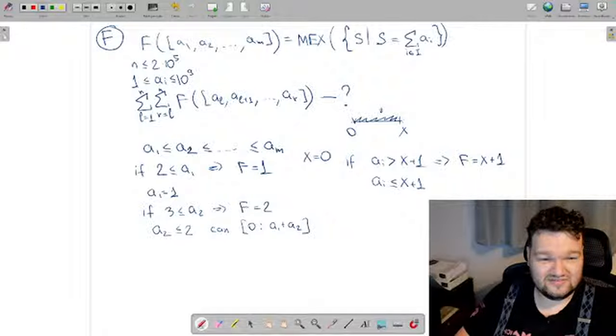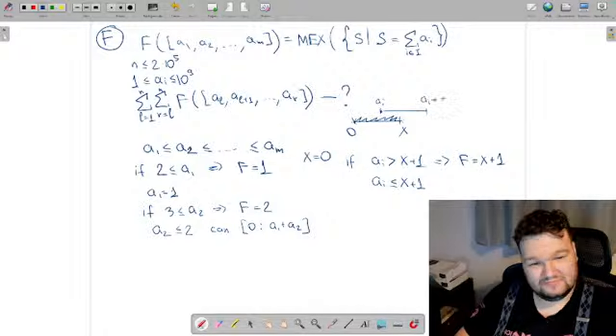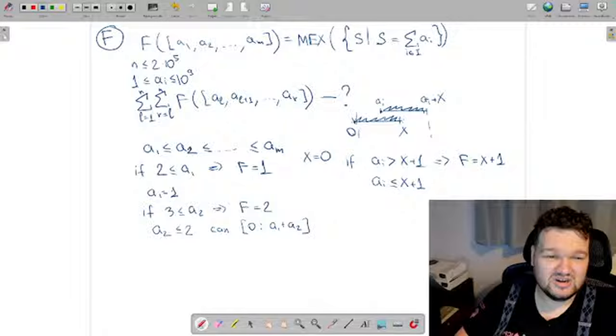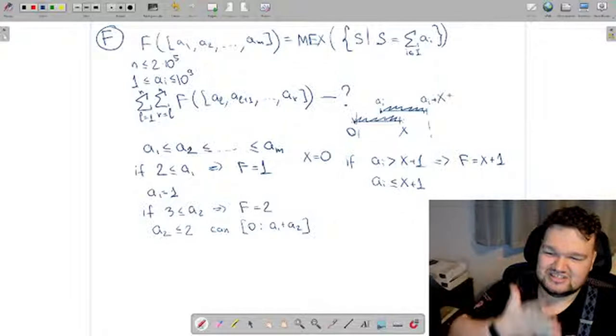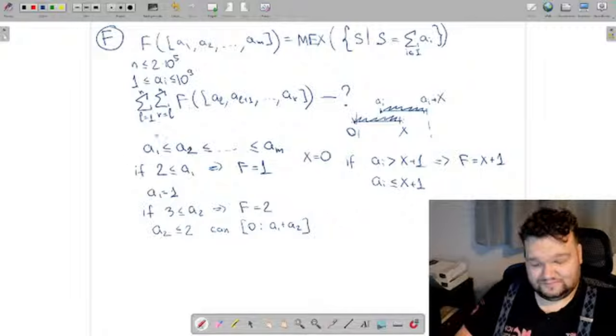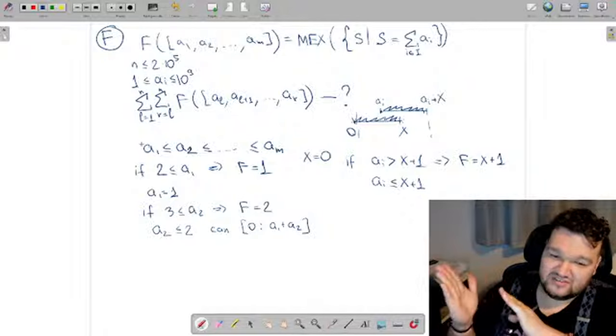With ai, we can represent ai plus something that is between 0 and X. And so now we can see that the set of representable values is everything from 0 to ai plus X, and X is just the sum of all numbers. So basically, if we sort the array, we will maintain the sum on the prefix.